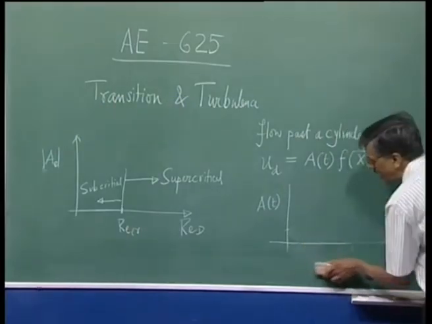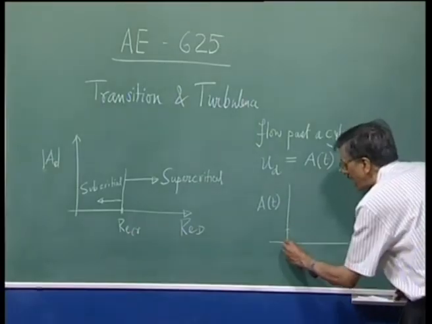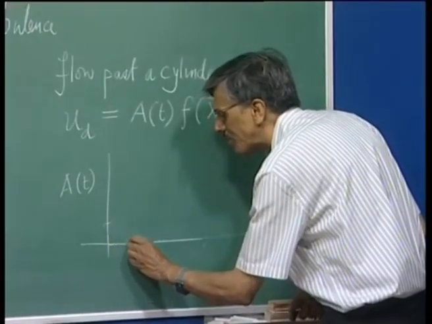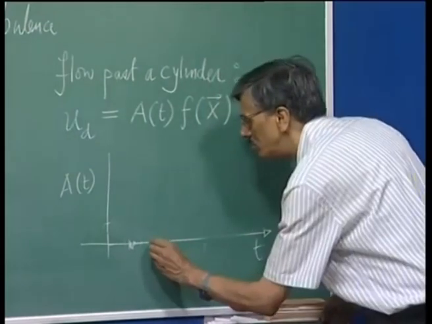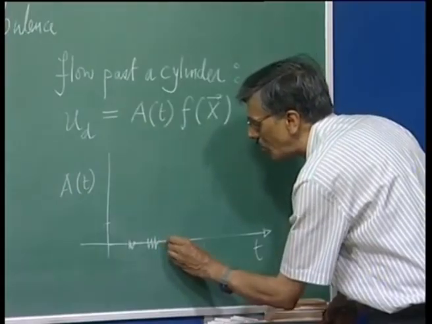People have done it, and they really find that something very interesting happens. It remains virtually like this. Then you actually see some kind of very high frequency oscillations once in a while, and then it slowly picks up.